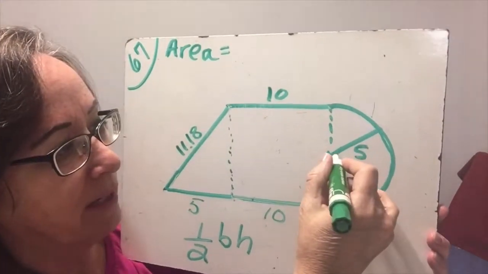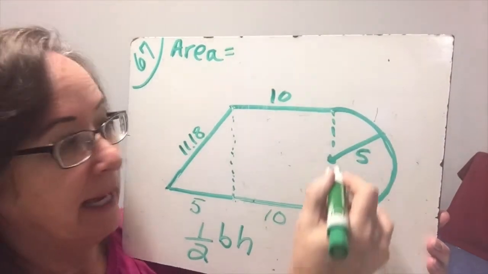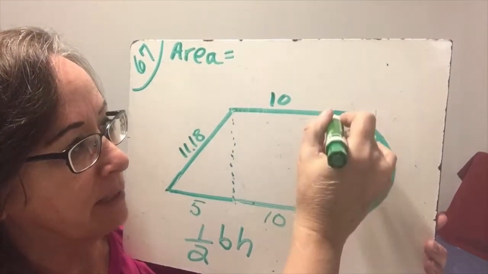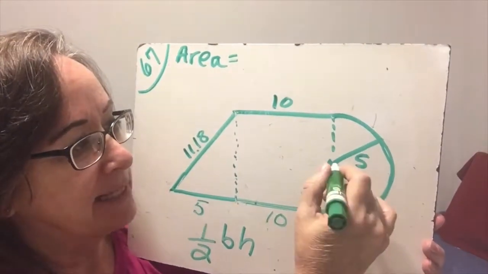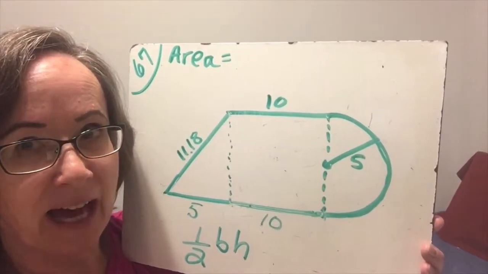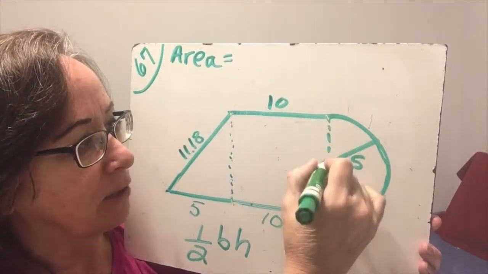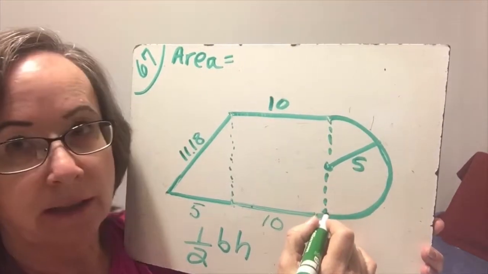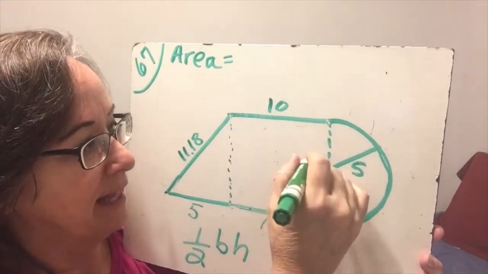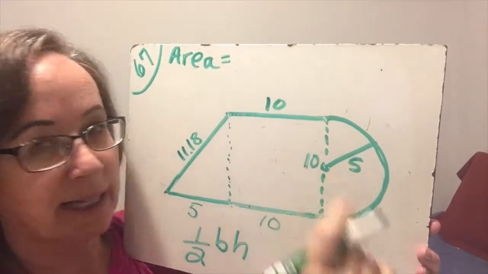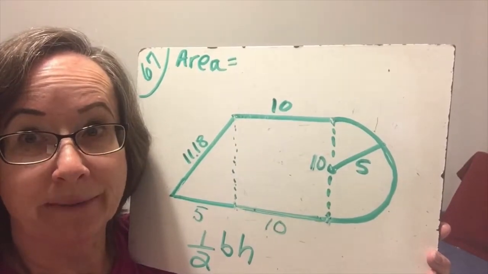We know over here that this semicircle is using up all the space from the top to the bottom of the rectangle. And the semicircle has a radius of 5, which means the semicircle has a diameter of 10. And isn't this now, instead of a rectangle, a square?